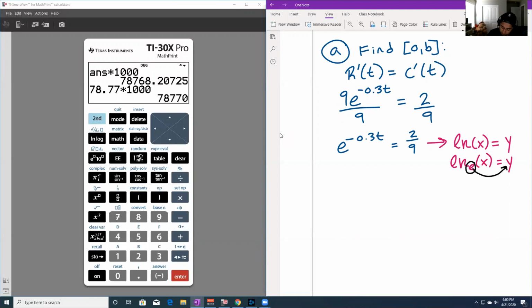So this becomes e to the y equal to the inside of this log, x. So you get e to the y equals x.